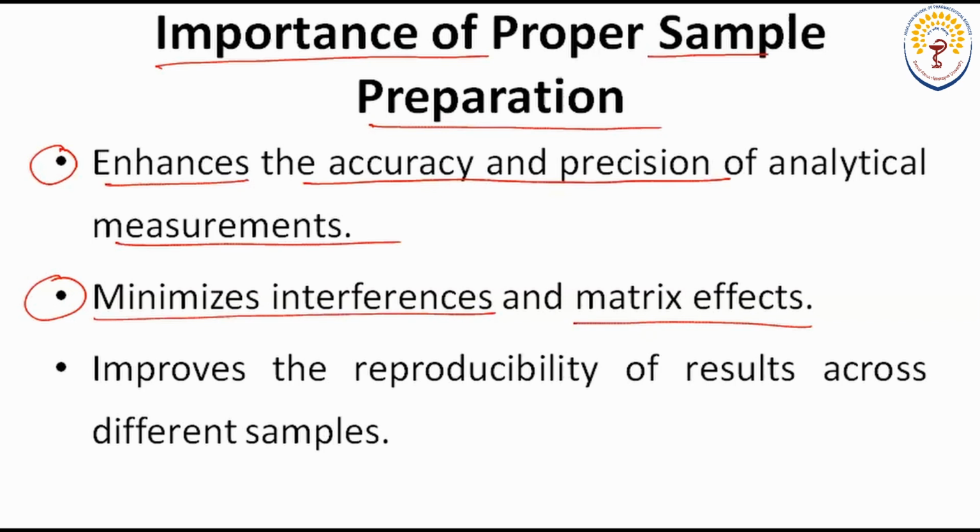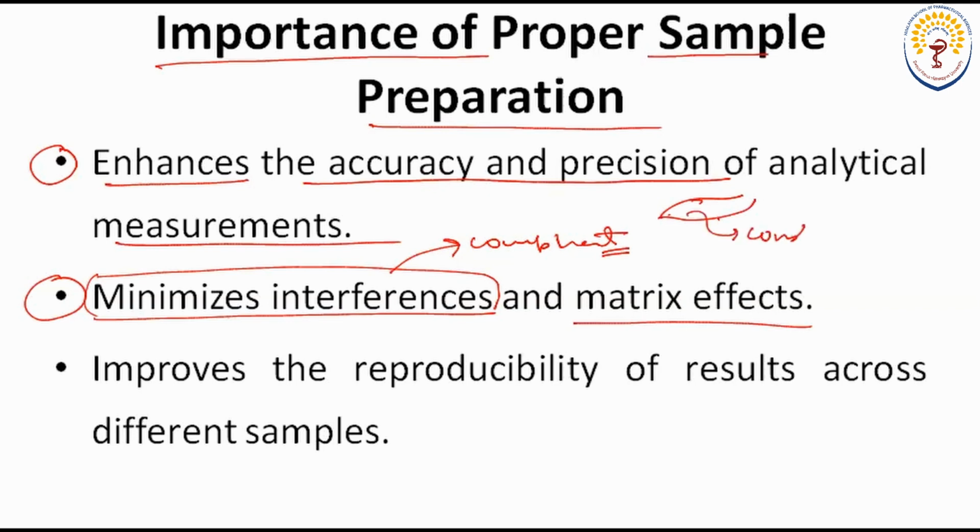Obviously when you are extracting out the main component of the sample, like for example in extraction, I have told you that you are taking an extract of something and that extract contains the material which you actually require. Like for example, there is a leaf, you don't need the leaf, you need only the chemical constituent which is present in the leaf. So you have extracted that leaf, you have taken that chemical constituent into some solvent or some vehicle like ethanol.